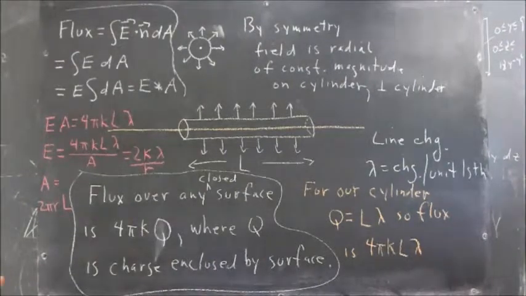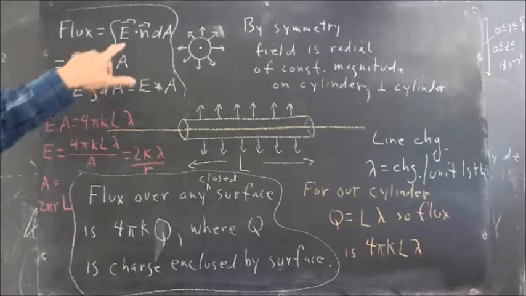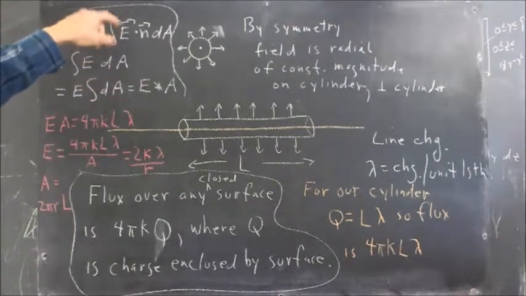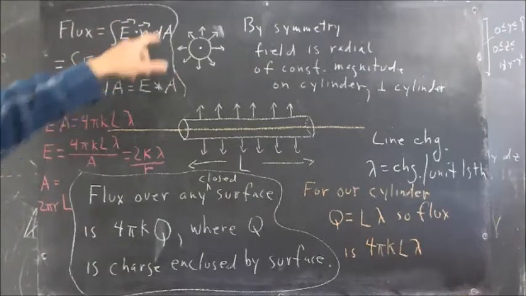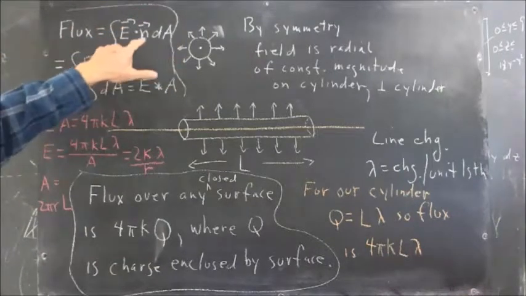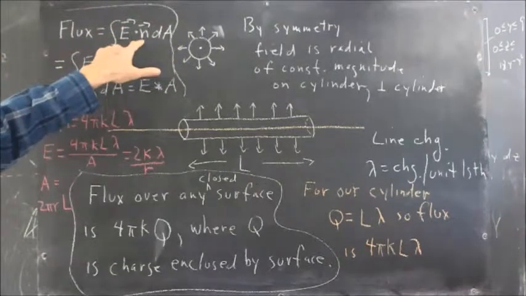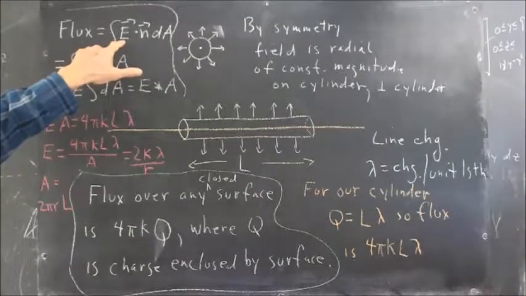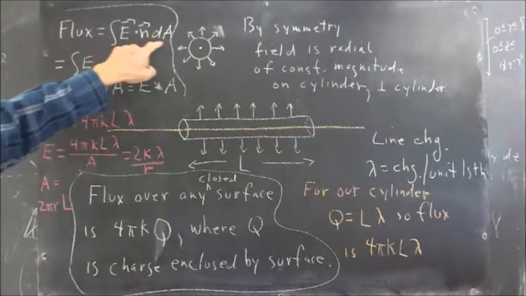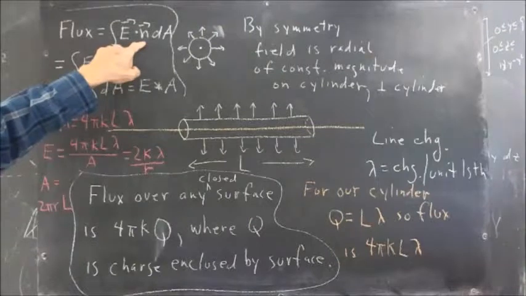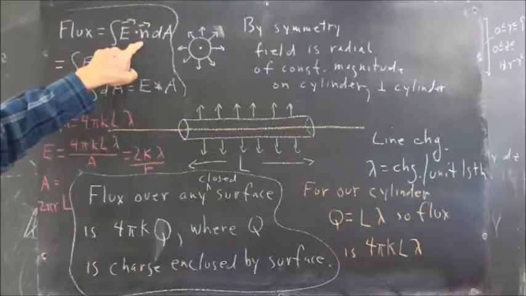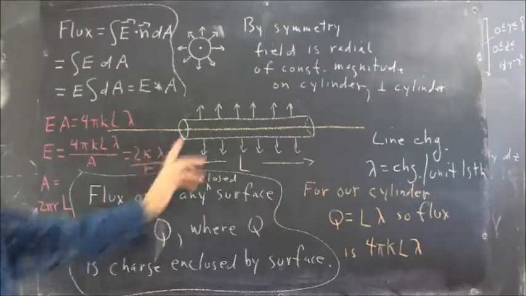Okay, well, the flux of an electric field could be expressed as E dot dA, where dA is a vector, but that incorporates the normal vector, so I'm going to write it more explicitly as E dot n dA, where n is a unit normal vector, a unit vector perpendicular to the surface.